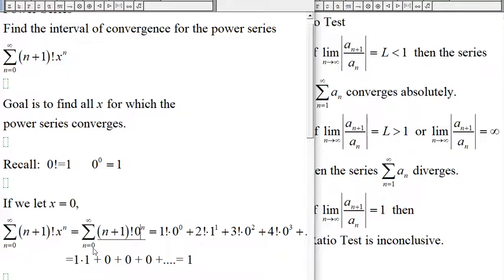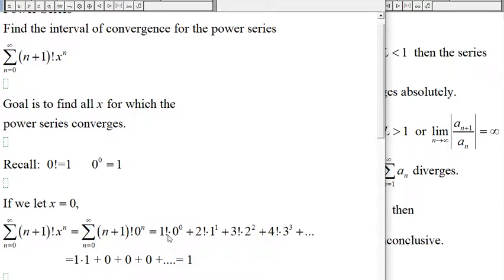When n starts at 0, so when n is 0, we get 0 plus 1, which is 1 factorial, and then 0 to the 0. When n is 1, we get 2 factorial and 0 to the 1. When n is 2, we get 3 factorial and 0 to the 2. And when n is 3, we get 4 factorial and 0 to the 3, and so on.